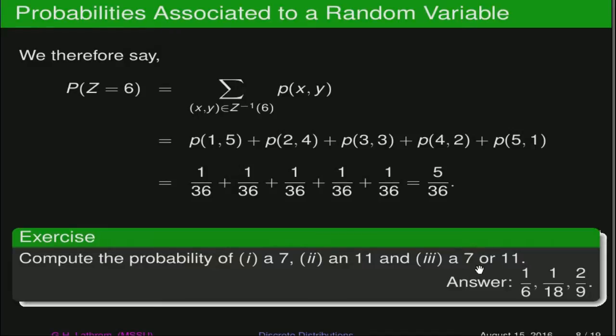If we add those up, the answers that you should get are: probability of 7 should be 1/6th, probability of 11 should be 1/18th, and the probability of a 7 or an 11 should be 2/9.